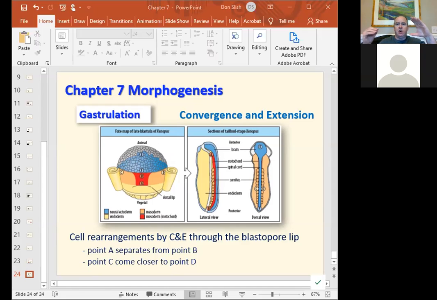So as these cells go in, they're doing the cell crawling thing, where they're reaching out and grabbing with their focal adhesions and pulling the cells forward, reaching out, grabbing. So they're crawling across the extracellular matrix of that ectoderm by cell crawling. And they can move with respect to the ectoderm because there's no adherens junctions there. After they totally stretch out, then they'll form those adherens junctions and they'll be stuck.